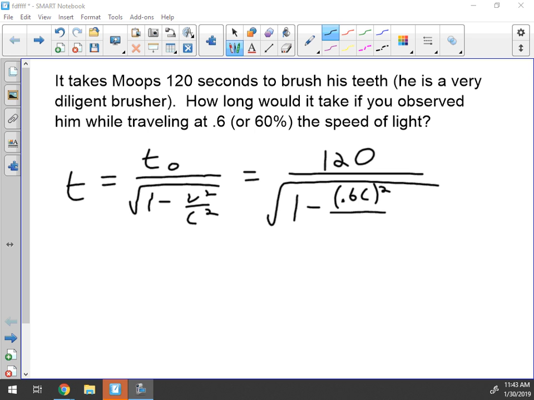And the reason we're putting 0.6c in there is if I wanted to figure out the actual speed of light at that, the speed of light we said was 300 million meters per second. So if I wanted to find out what is 60% of that, I would have to multiply 0.6 times 300 million.